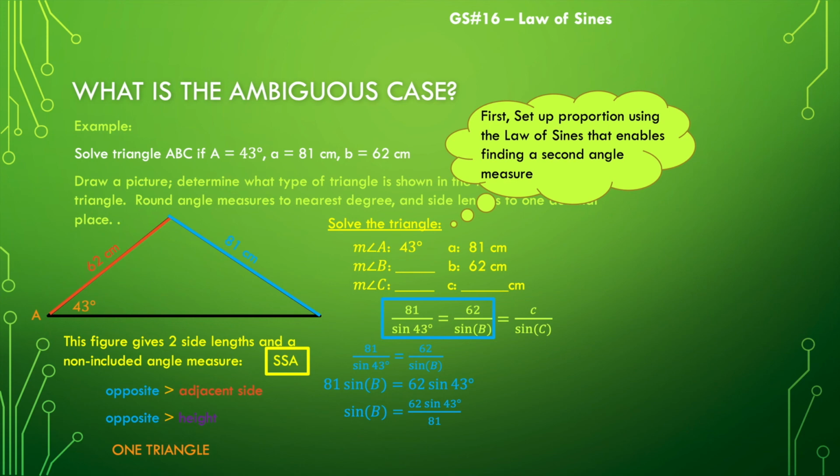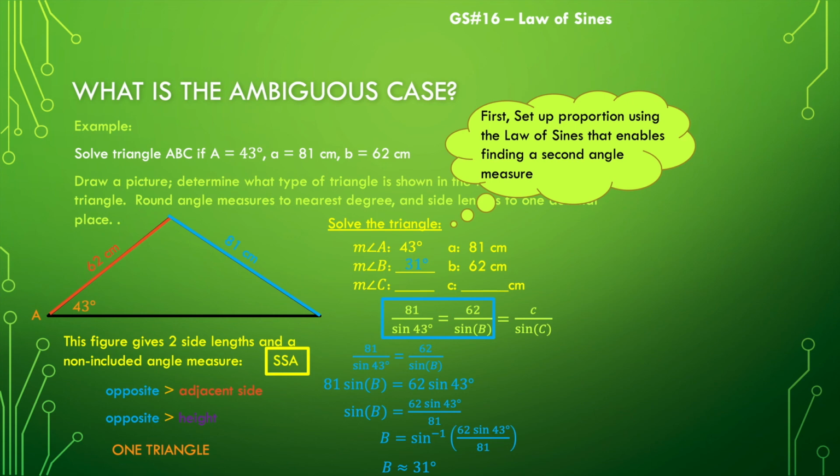Now remember, I want the measure of angle B. I don't want the sine of angle B. So I need to actually take the inverse sine of this expression to get the angle measure. And when I do that, I get that angle B is about 31 degrees.